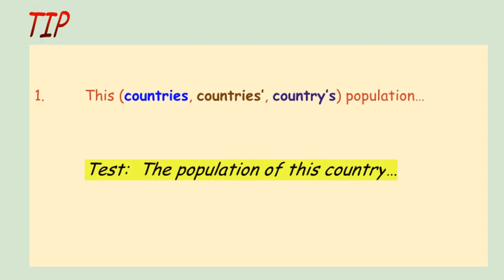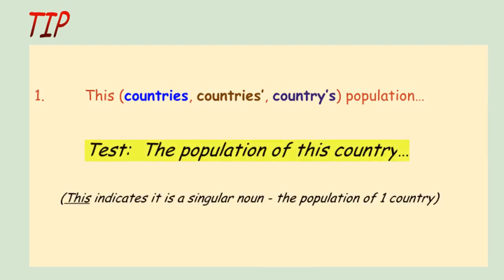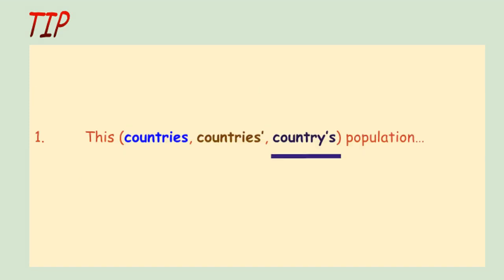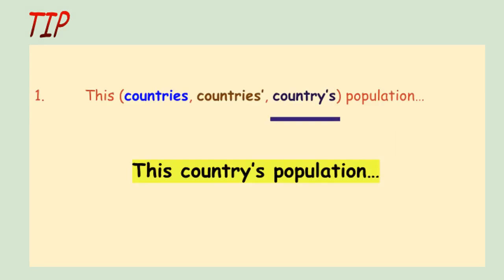To determine which should be used, we turn the statement around to read, "The population of this country." The word "this" tells us that the noun of this sentence is singular, therefore the statement is making reference to the population of one country. The correct noun to use would be the possessive singular form, which would be country with an apostrophe s. Our statement will now read, "This country's population."